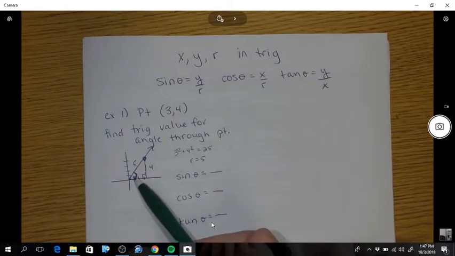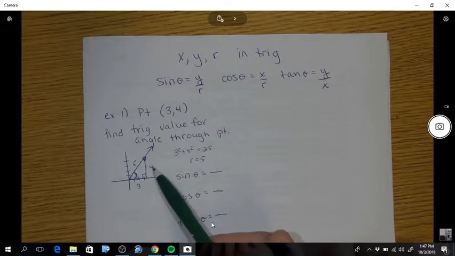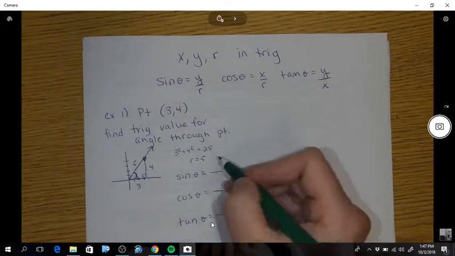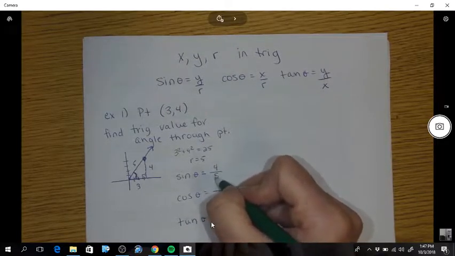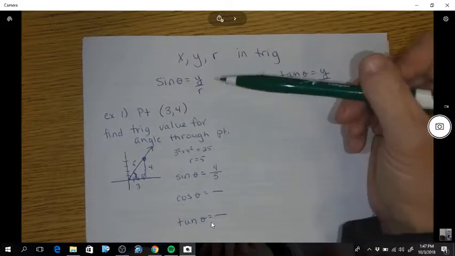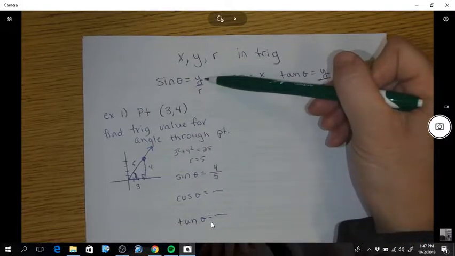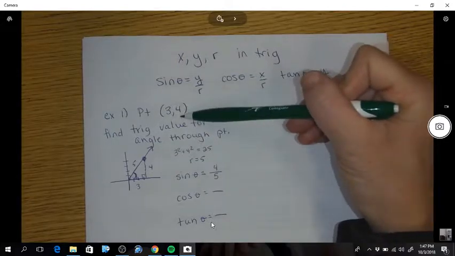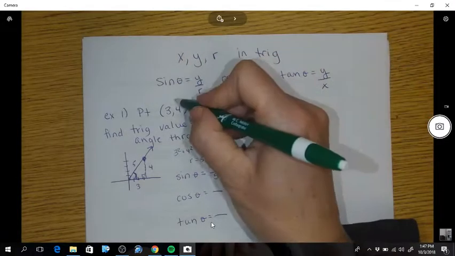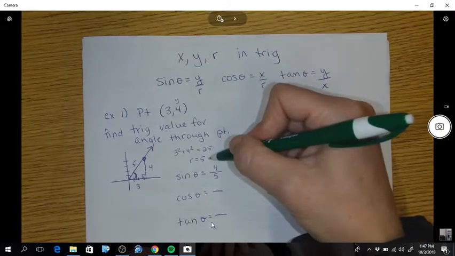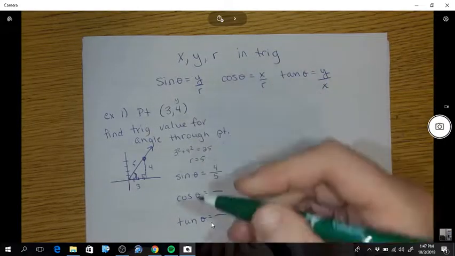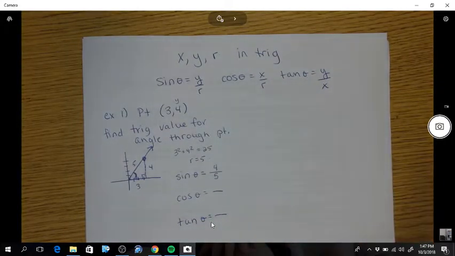So if you talk about this angle, that would be 4 over 5. If we go to our formulas and we find the sine of the angle, it's the y value, which I just get from here, divided by my r value, which I calculated, which would be 4 over 5.